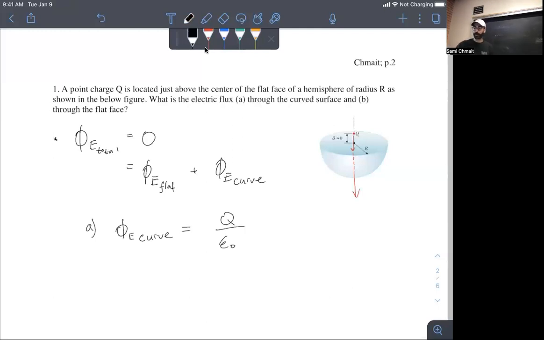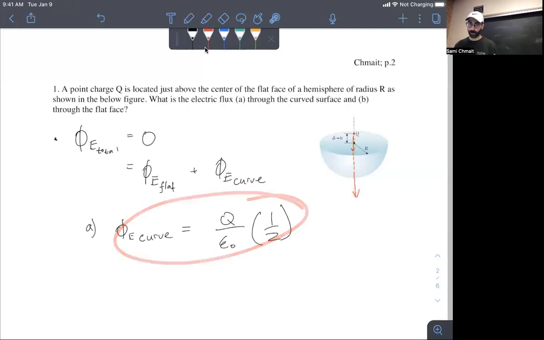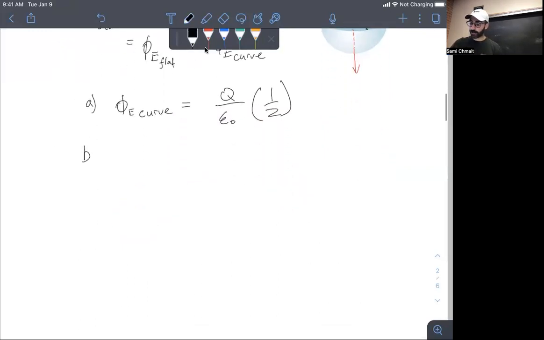We're dealing with half a sphere, so we multiply by 1/2, since it's half the area. And because the normal vector is exiting the Gaussian surface, it shoots all the way through and is now exiting, so it's positive. Now we have enough to address what it is through the flat surface.